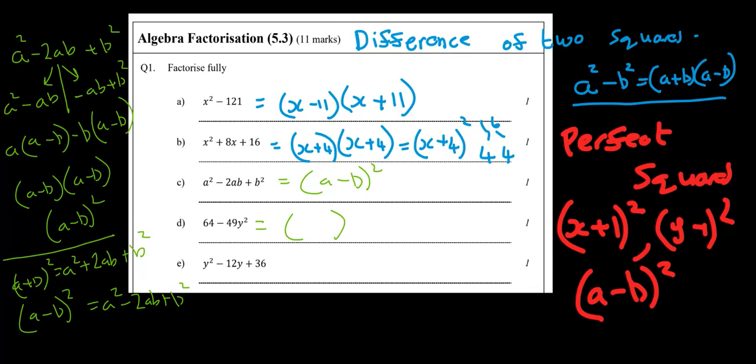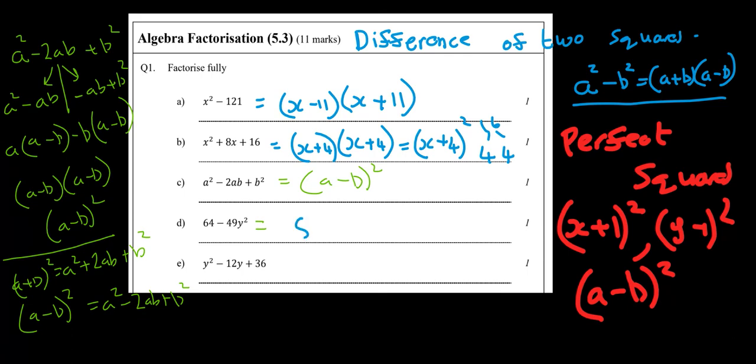I mean, if you've had enough practice doing these, you should be able to recognize this factorization. But if you want to show that it is a difference of two squares, you should know that 64 is 8 squared and 49 is 7 squared.